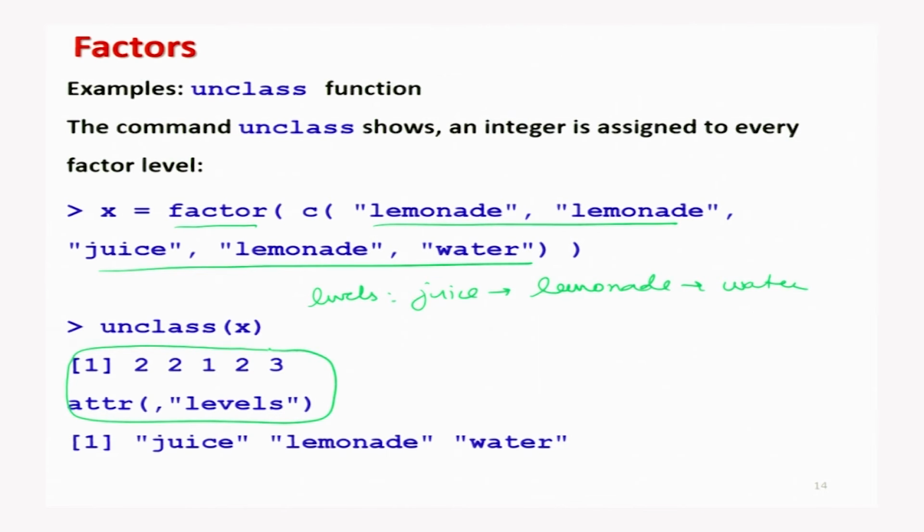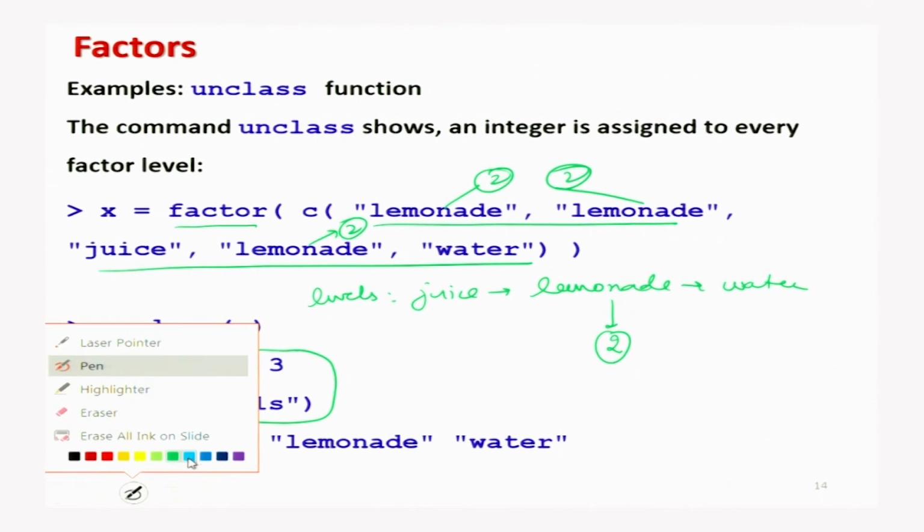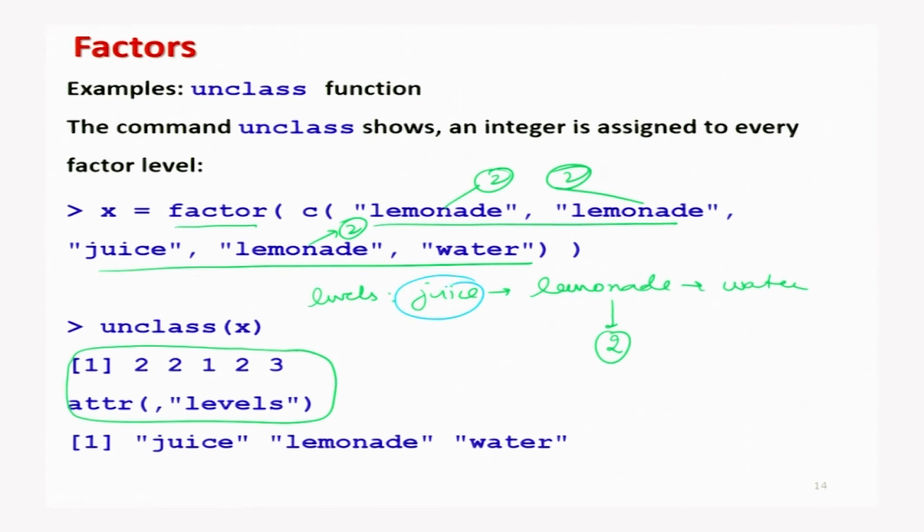The data will become here 2, 2, 1, 2, 3. So, this lemonade is at place number 2. So, this lemonade will be converted as number 2, and this lemonade will be converted into 2, and after this here juice is at the value 1. So, wherever is the juice here in the data vector x, that will be converted into 1, and then finally you have here water is at place number 3.